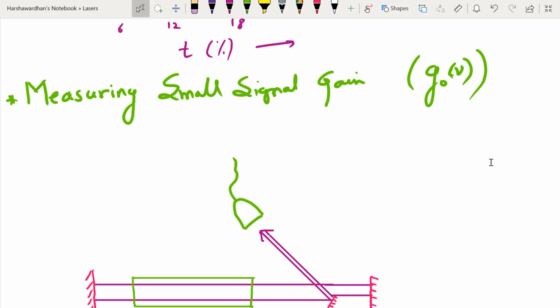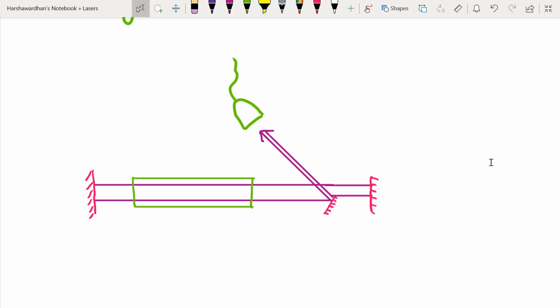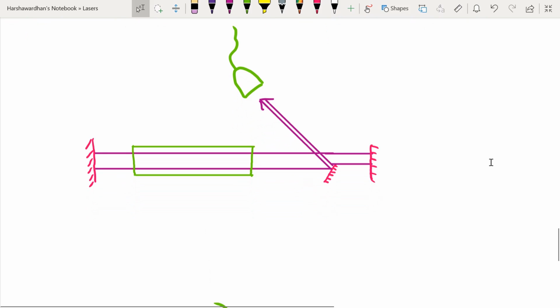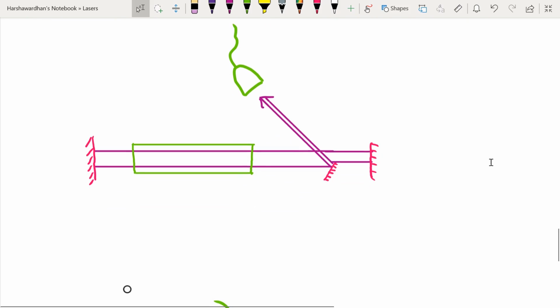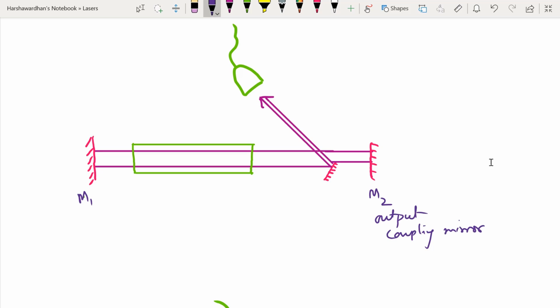That we will do next. So first just look at what we have. What I have here is the laser cavity. This is my mirror 1. This is mirror 2. This indeed is the output coupling mirror. And this is the gain medium, the gain cell.